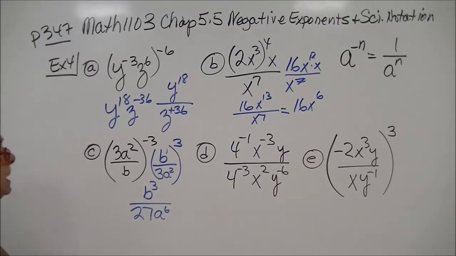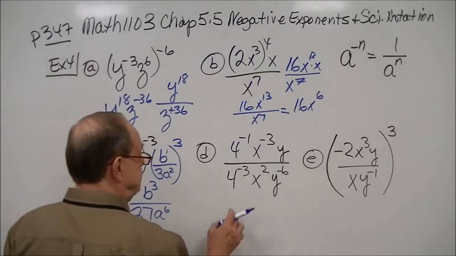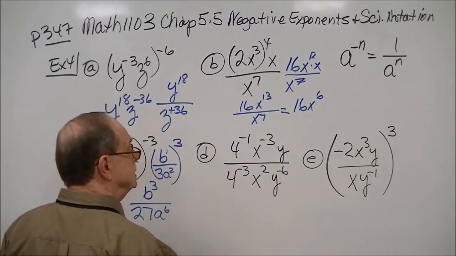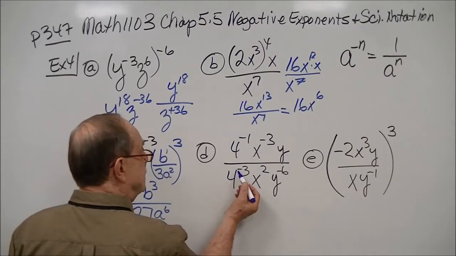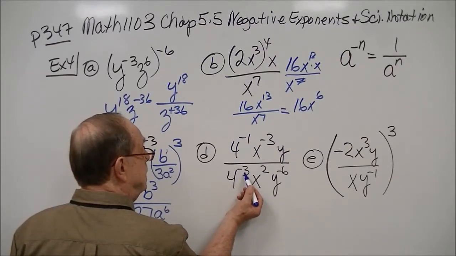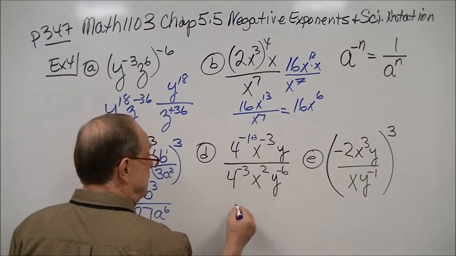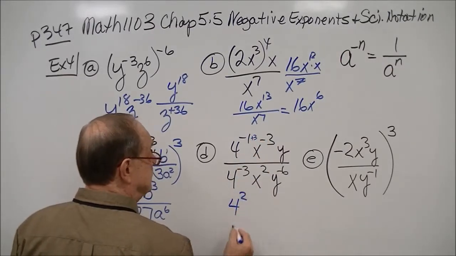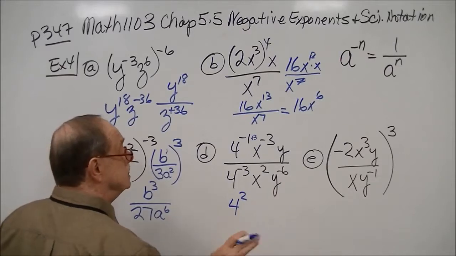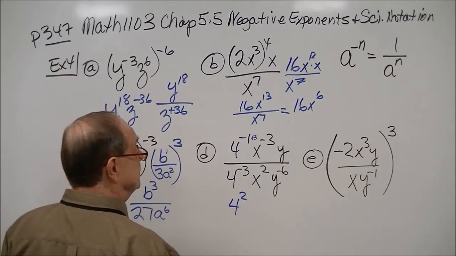Now in letter D, a little tricky. Notice we want positive exponents. So when we bring this -3 up, it becomes a positive 3 up here. So this then becomes 4 to the 2nd, which will become 16 in a little while there.